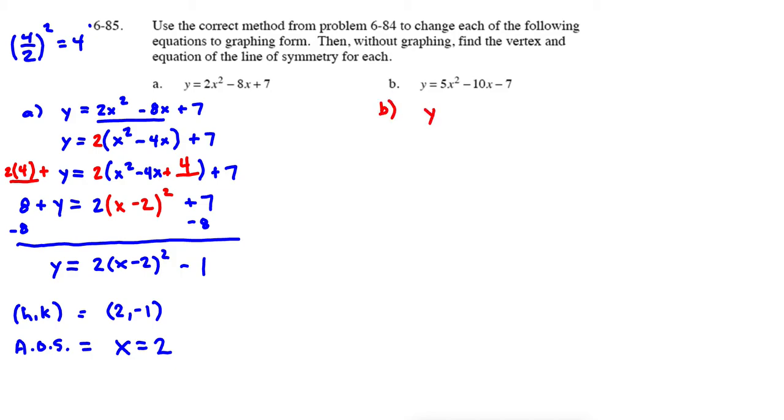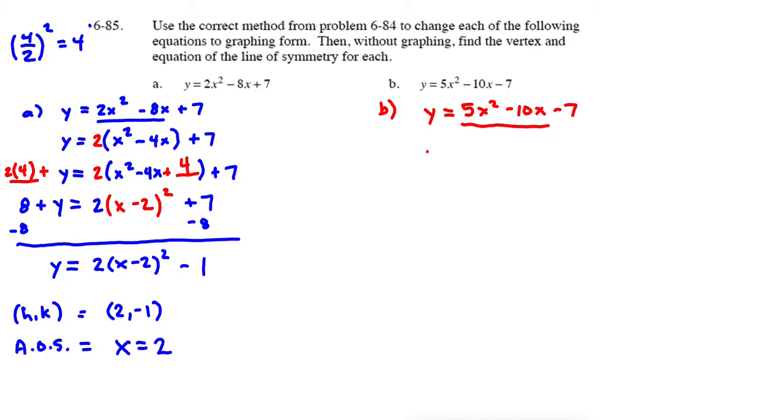We have y equals 5x squared minus 10x minus 7. Same thing's going to happen here. We're going to try to turn our coefficient in front of x squared into 1, so we're going to have to factor out a 5 from just these first two terms.